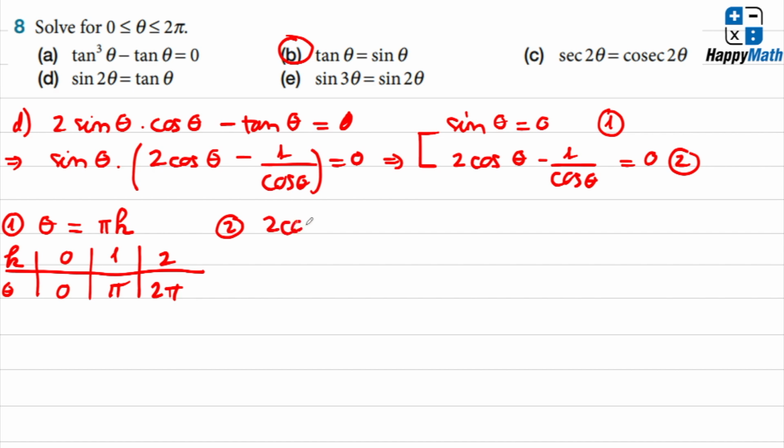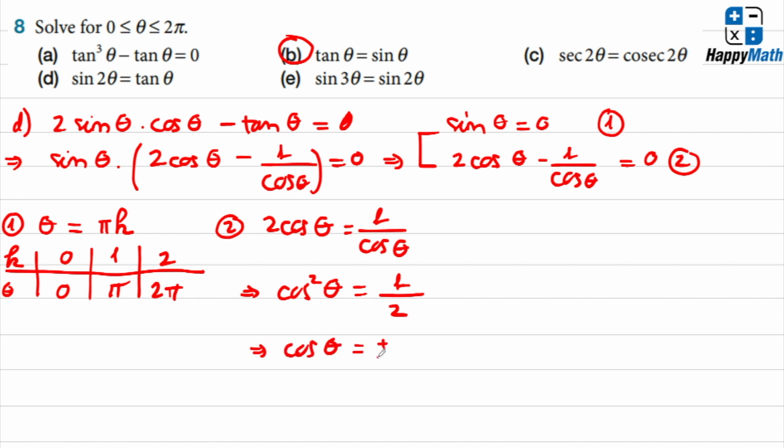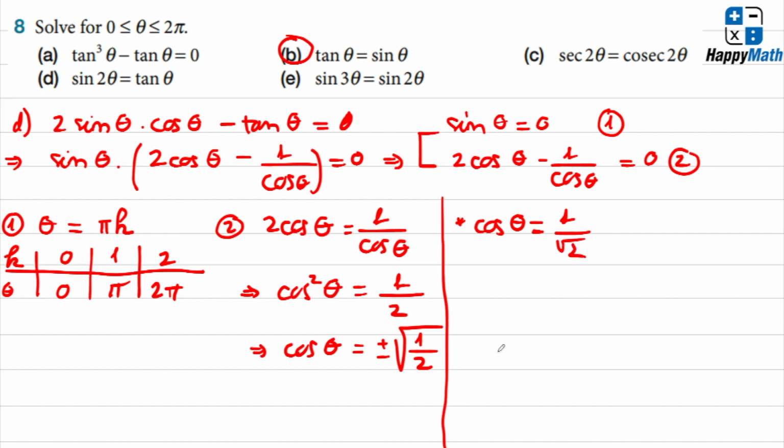You got 2 cos theta equals 1 over cos theta, and applying more algebraic technique, you get cos squared theta equals 1 over 2. This means two solutions: cos theta equals plus or minus 1 over 2 squared. One by one, the first is cos theta equals 1 over square root 2, and the second is cos theta equals minus 1 over square root 2.